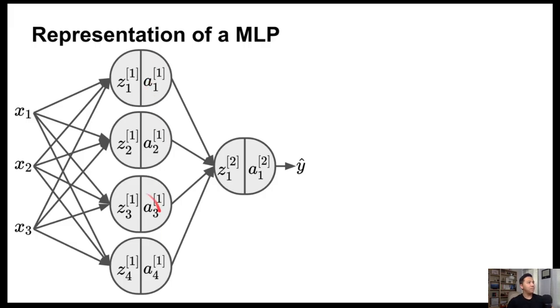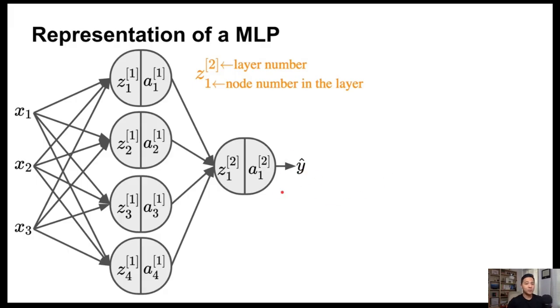In the notation, the upper number denotes the layer number, and the lower part denotes the node number. So this is the response value Z for the first node of the second layer. And then we have the output, Y hat, the predicted output.